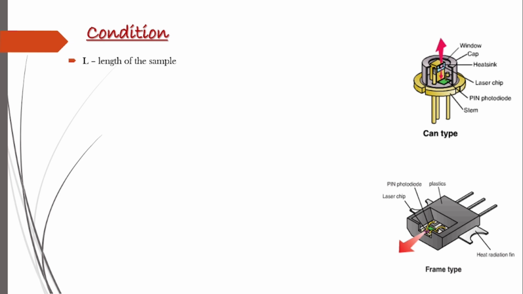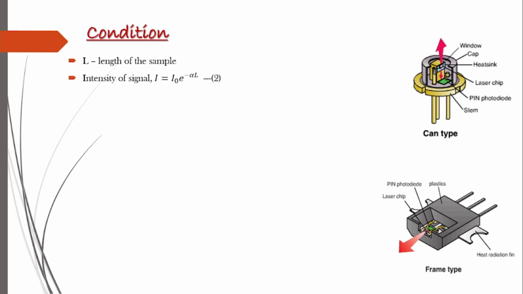If we consider L as the length of the sample, then the intensity of the signal at the end of the sample is I equals I naught e raised to minus alpha L. We are considering this as equation number 2, where I naught is the initial intensity and alpha is the absorption coefficient.